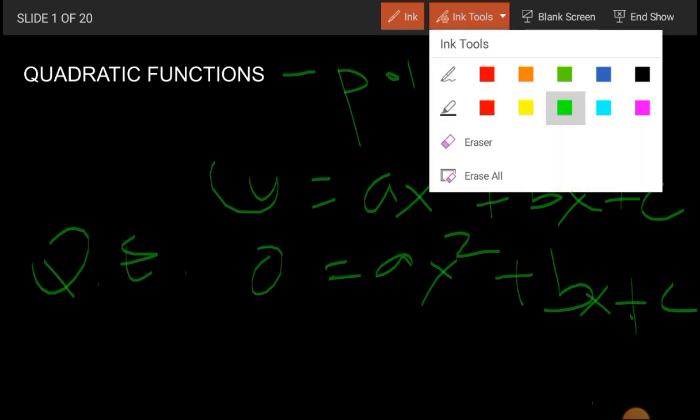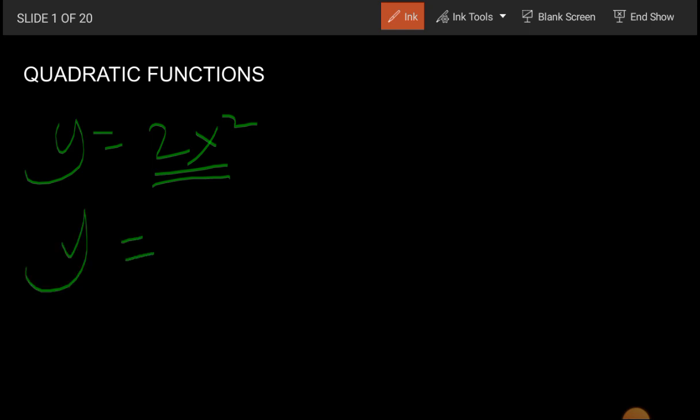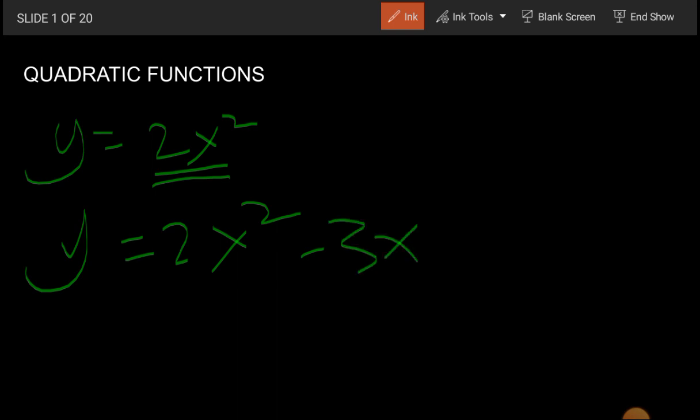Now here are examples of quadratic functions. For example, y is equal to 2x squared. So only the quadratic term is present. As long as the quadratic term is present, even though there are no linear terms and constant terms, you can still consider this a quadratic function. Or y equals 2x squared minus 3x, where the quadratic term and the linear term are present.